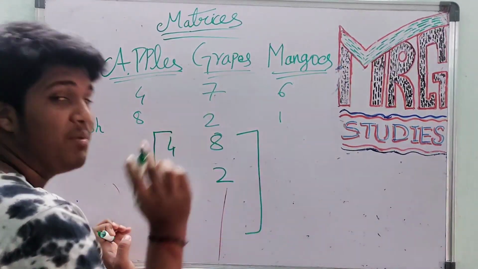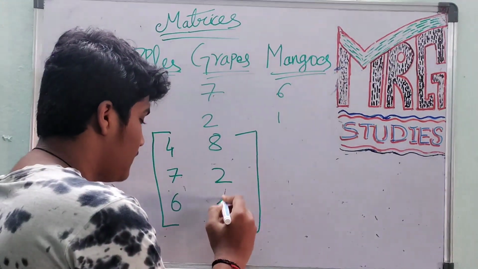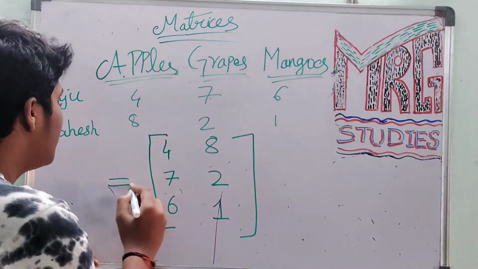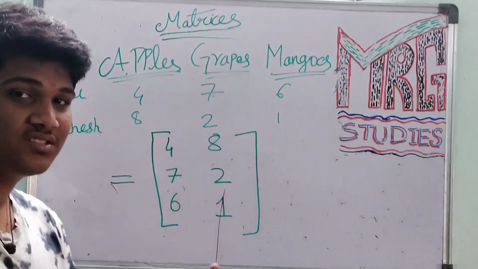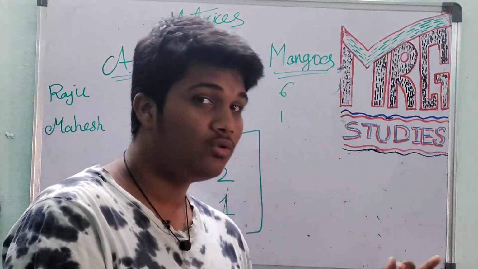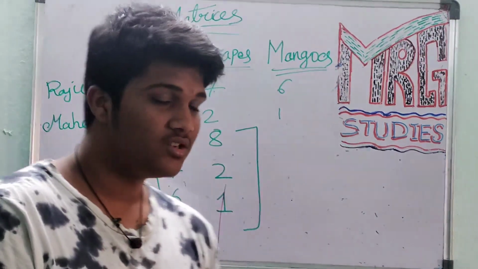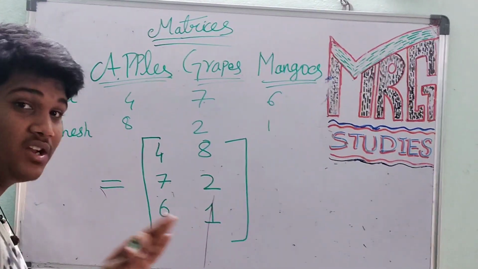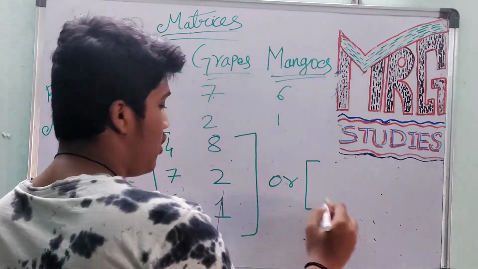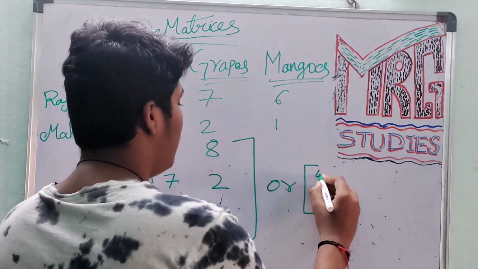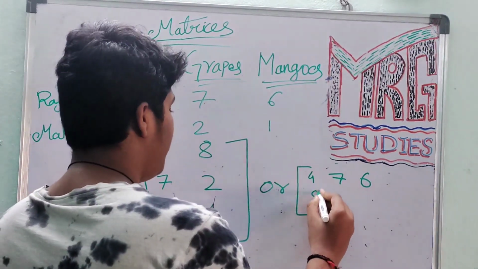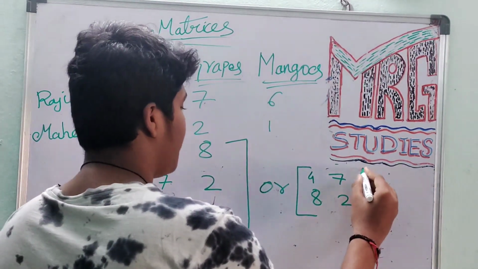And Mahesh ate 1 mango, 1. So like this we will represent the matrices. If you have a question on how to represent this data in matrices, we should represent it like this, or we can represent it like this also, horizontally: 4, 7, 6, 8, 2, 1.